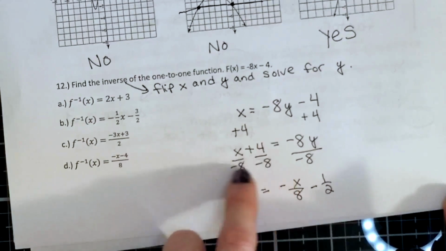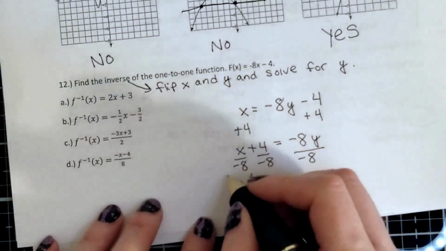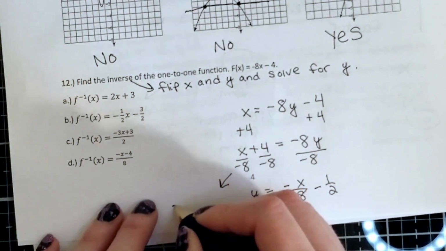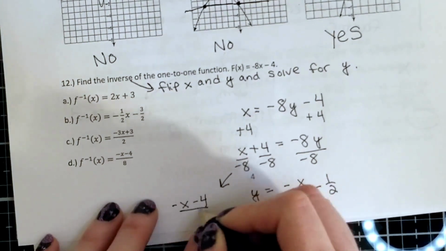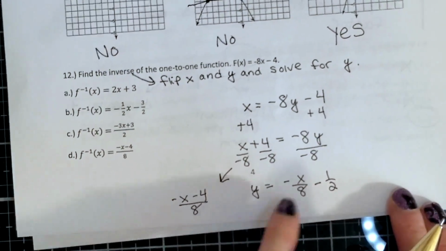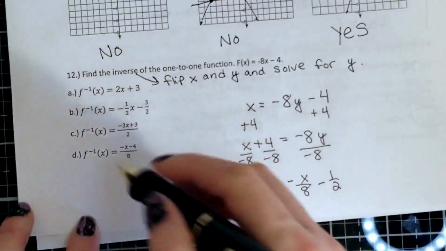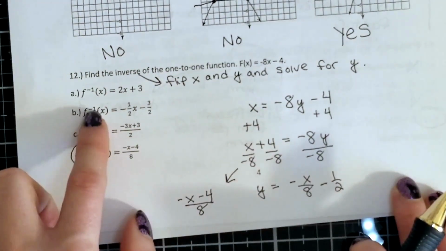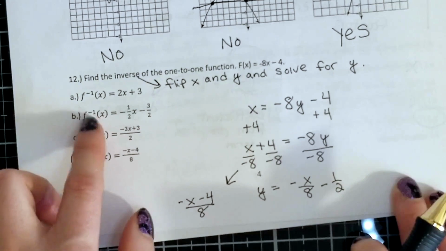They just kept it over one denominator. So another way you could do this is negative x minus 4 divided by just one plain old 8 on the bottom, which is what they ended up doing instead of separating and reducing. So the answer here is D. And the f to the negative 1, that is just notation for inverse.